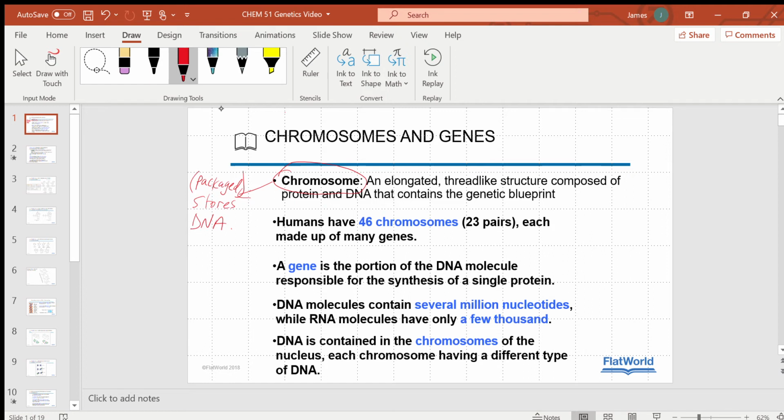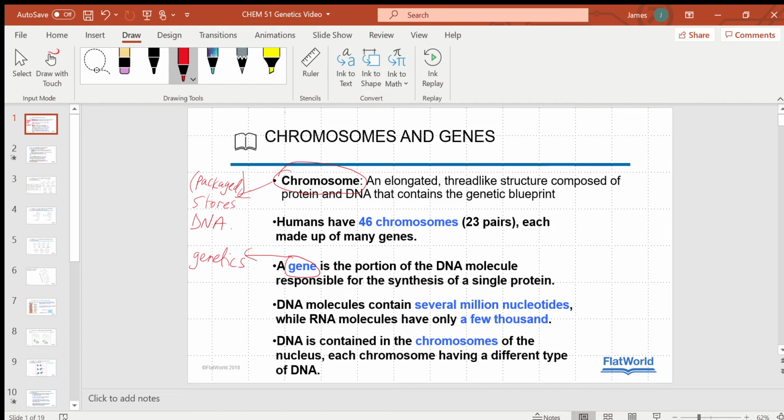A gene is the prefix for genetics. So this is a word that most people have heard of. The study of genes is genetics, and a gene is a portion of the DNA molecule responsible for different proteins.